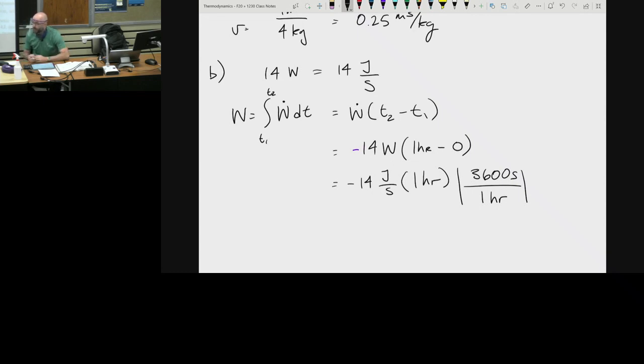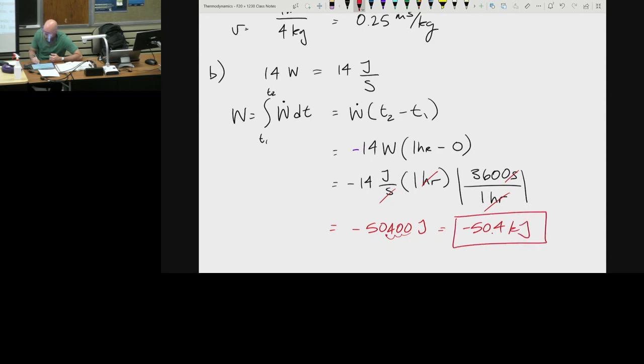That's 60 squared, 3,600. Hours cancel, seconds cancel. We're going to have units of joules, so let's put it in our calculator. Minus 14 times 3,600, and we get minus 50,400 joules. The answer they want is in kilojoules, so we move the decimal place over 3, and we get minus 50.4 kilojoules. That is our answer.